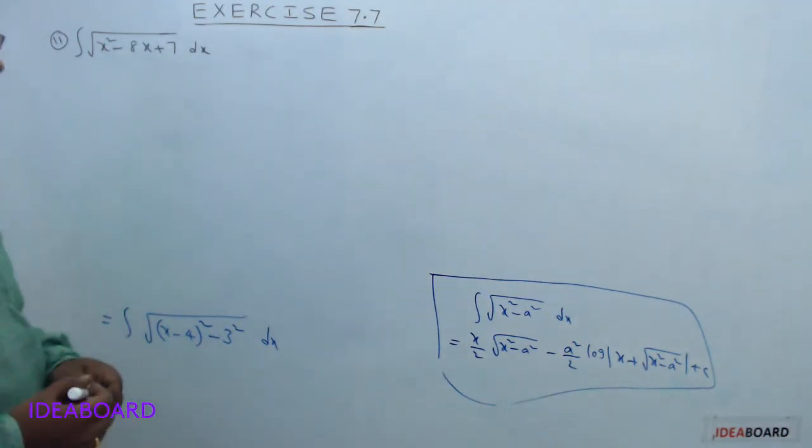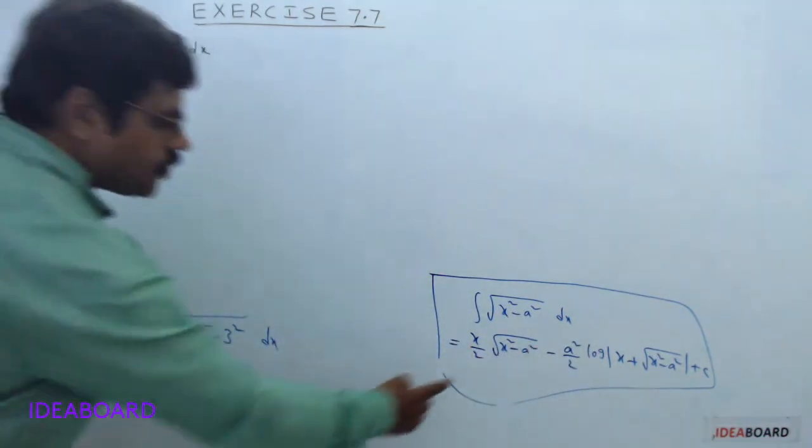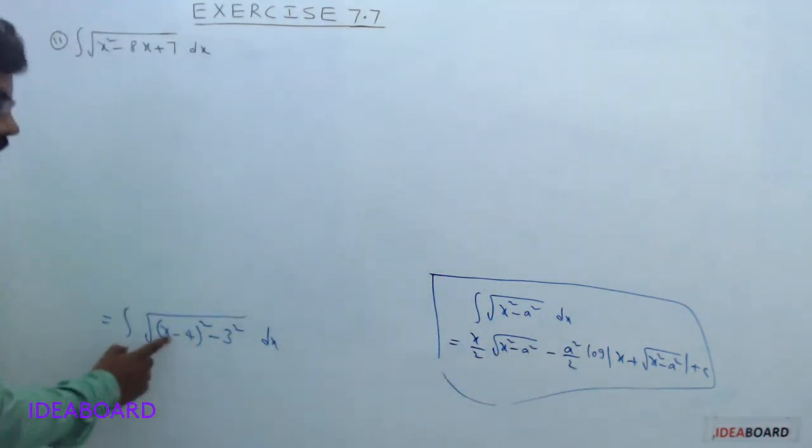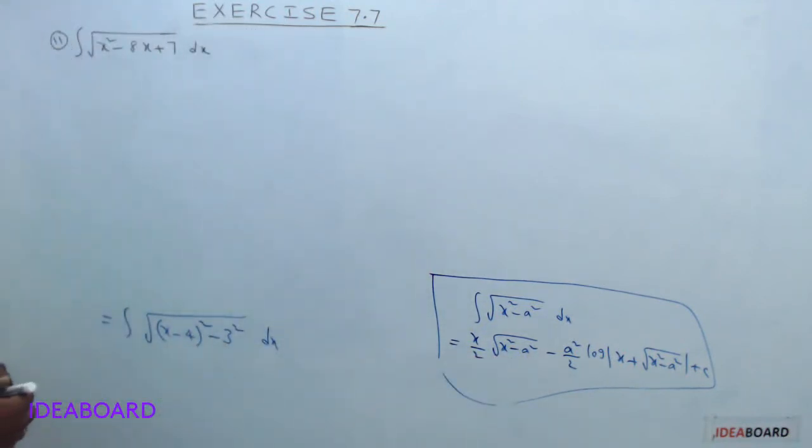Now see the continuation of this problem. Here in this expression, in place of x, you write down x minus 4. In place of a, substitute 3.